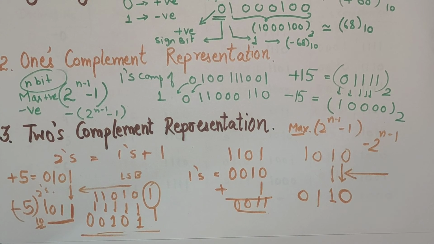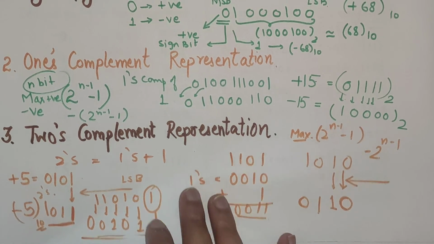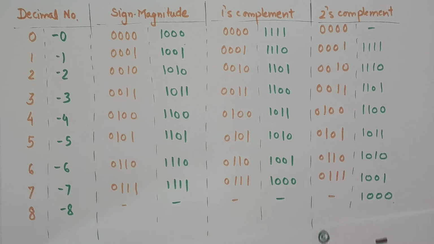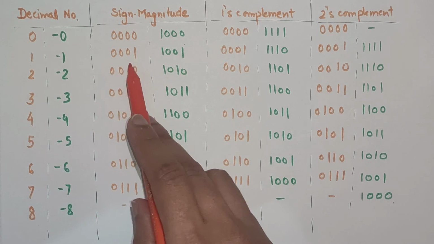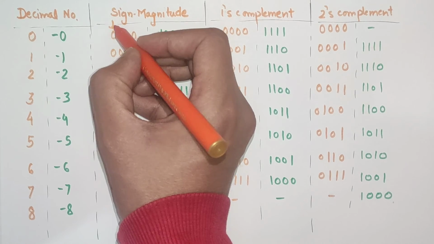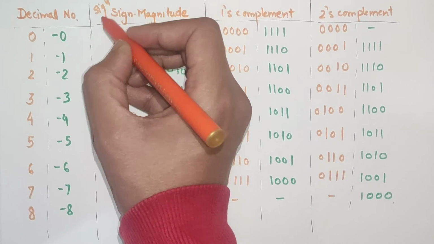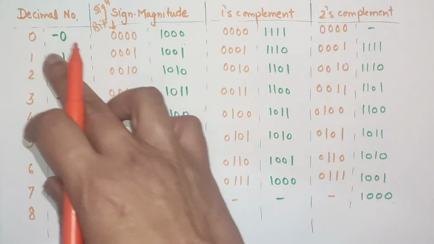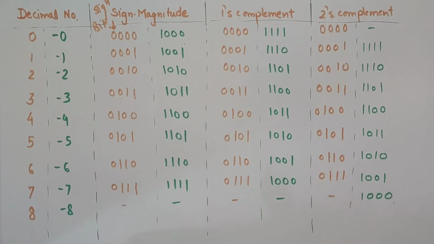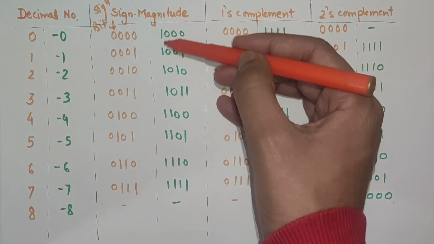So let us look into a table in which every representation is given. Here we have represented numbers 0 to 8. In sign magnitude representation, the first bit is the sign bit. So for positive numbers it is 0 and for all negative numbers it is 1.